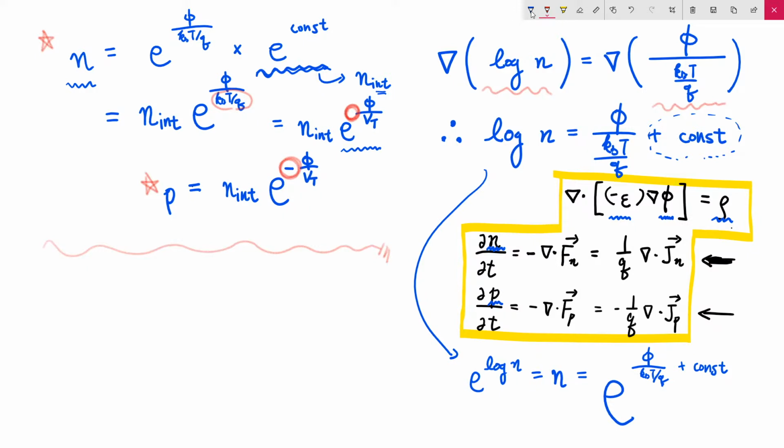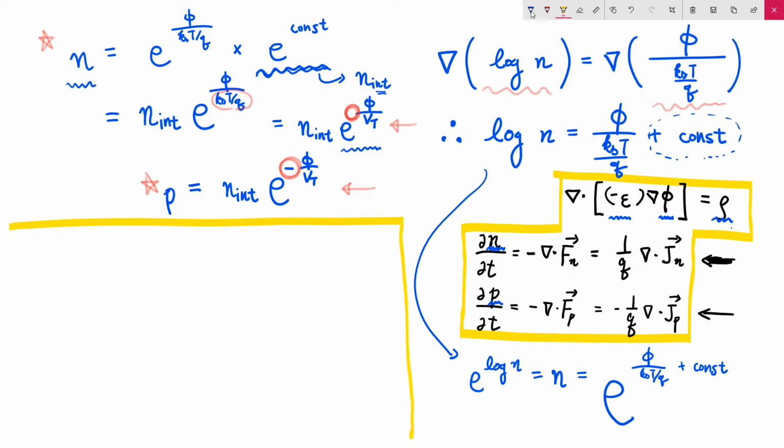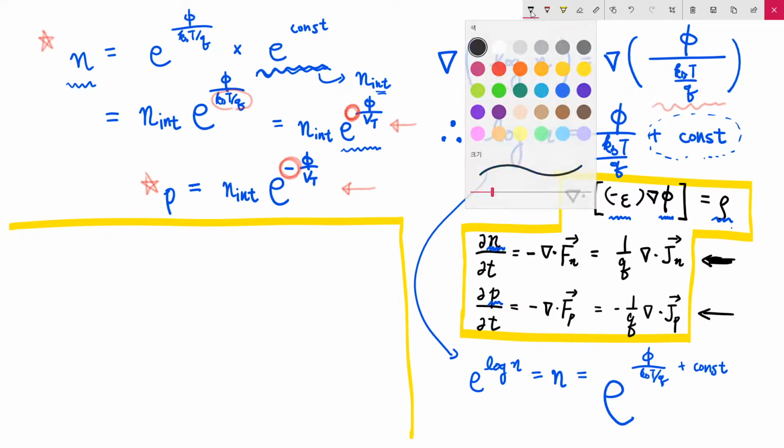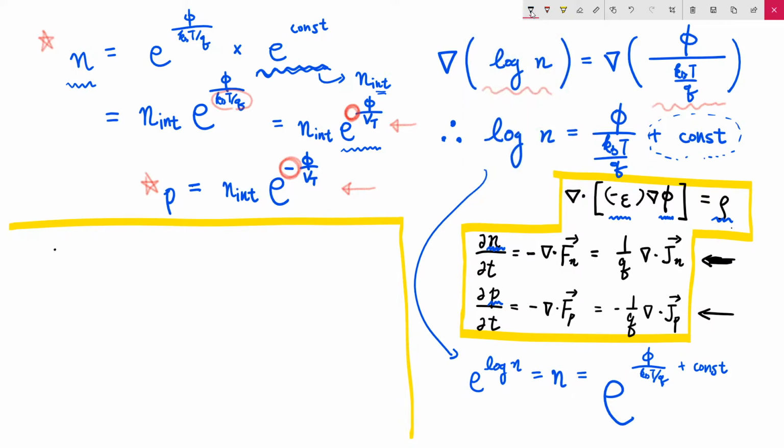So that is really applicable only in the equilibrium case. But at equilibrium, this is identical to the continuity equation. So in our first case at equilibrium, what we have to solve is now reduced in this way.